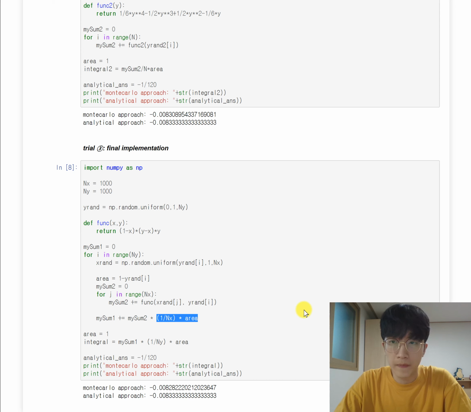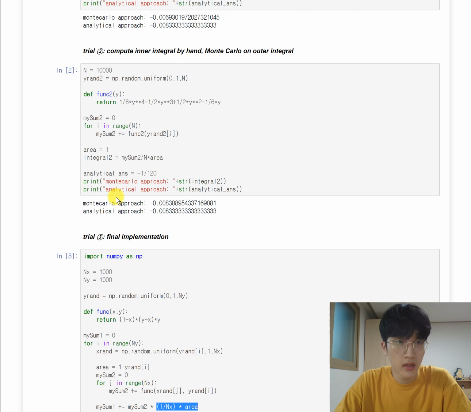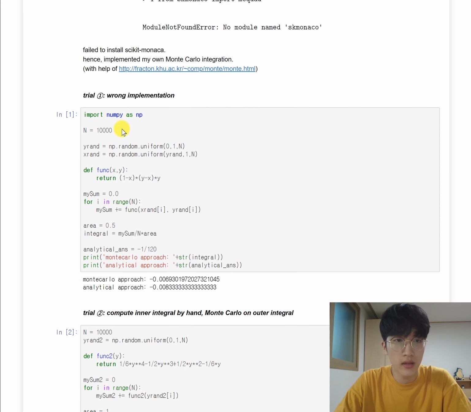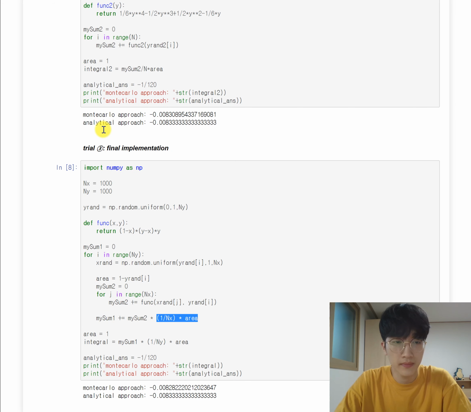However, in such multivariate cases, the computational complexity strictly increases, since we now have to randomly sample for each variable. So the difference here is that on trial 1 and 2, I had only one sampling constant n, which is 10,000, and here also 10,000.